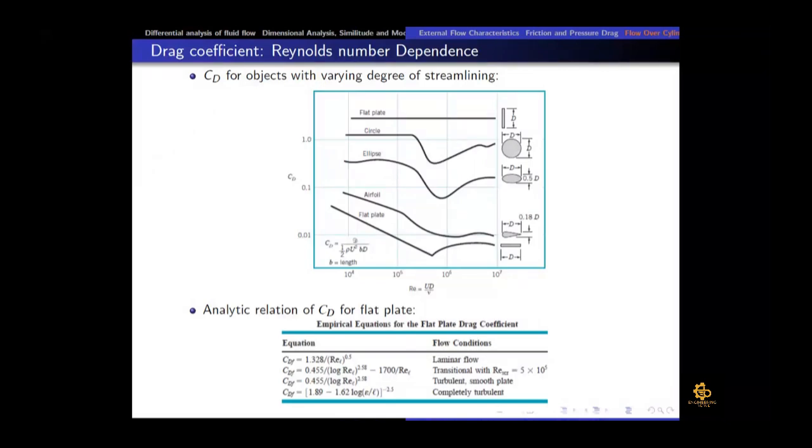Now we can take maybe 10 more minutes to discuss the other force, which is perpendicular to the flow direction. The force which is created perpendicular to the flow direction is called lift force.